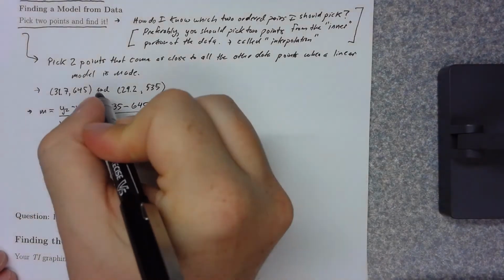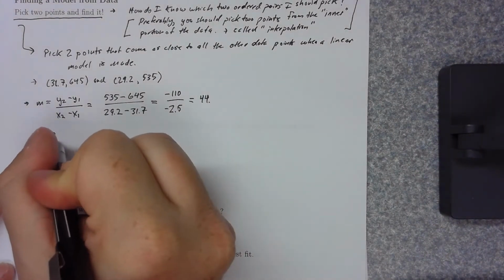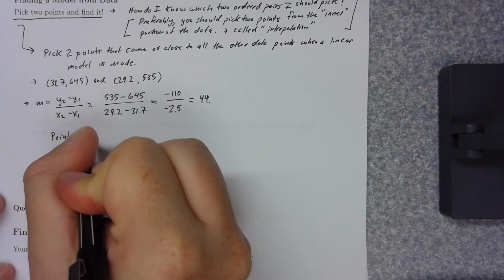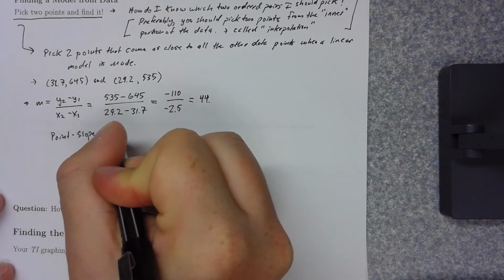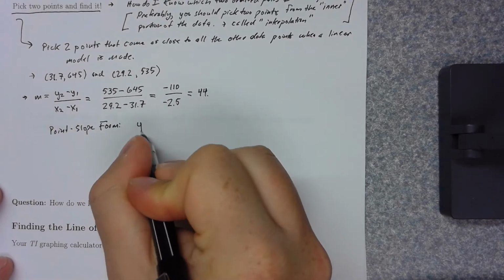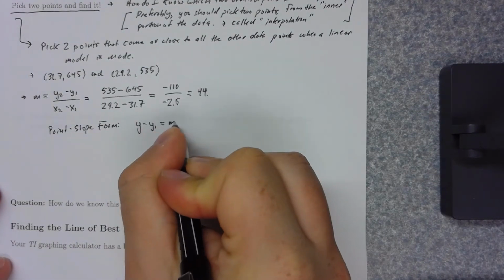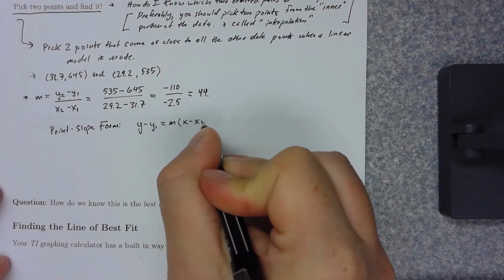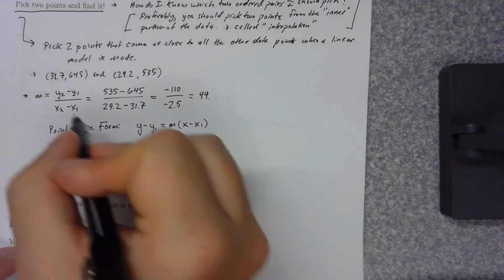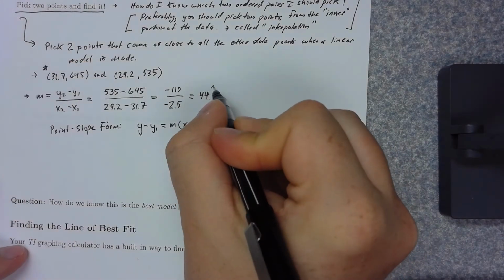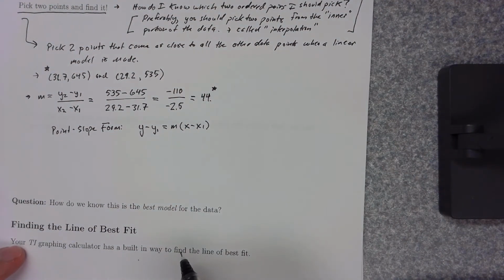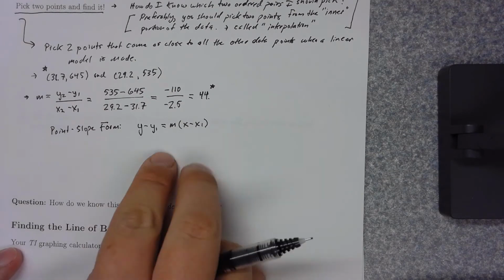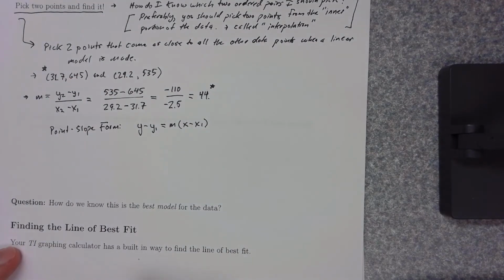I have 2 points. I could use the point-slope form: y minus y1 equals m times the quantity x minus x1. So I'll pick this ordered pair with this slope. Just make sure you pick from one of the 2 ordered pairs that you used.